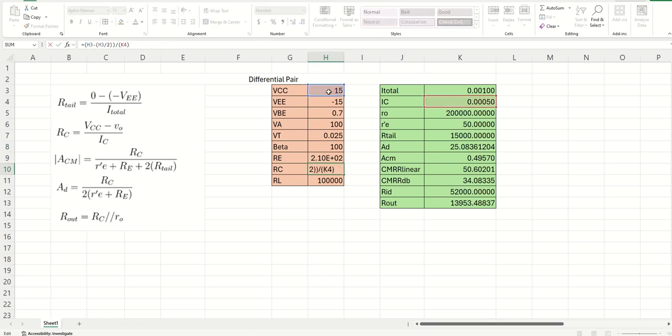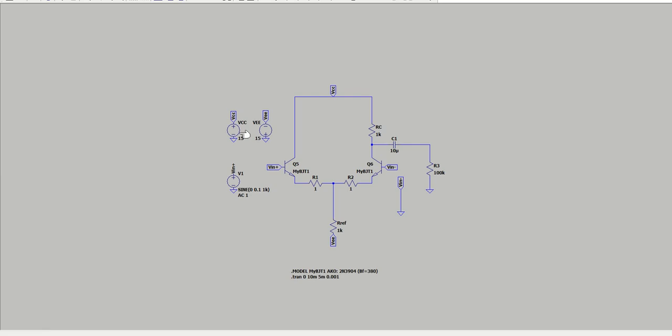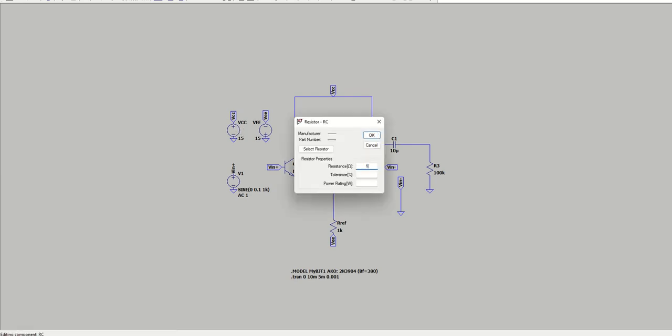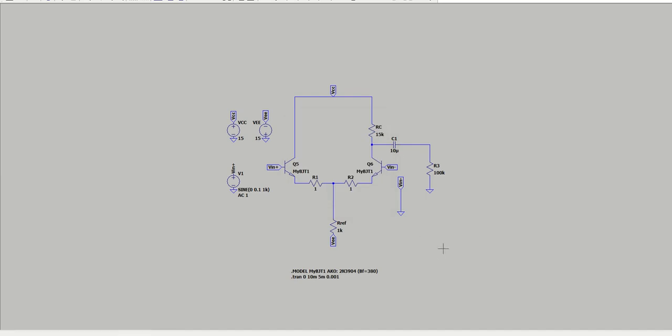You're going to want to take VCC minus half of VCC and divide that by the collector current. When you do that, it gives you 15K. And again, this is specific for my design. So then I'll plug 15K in.